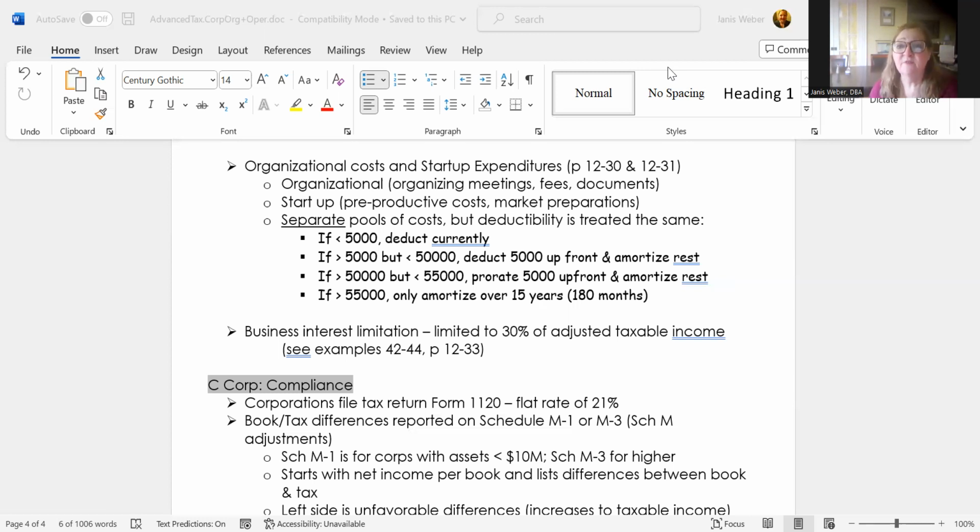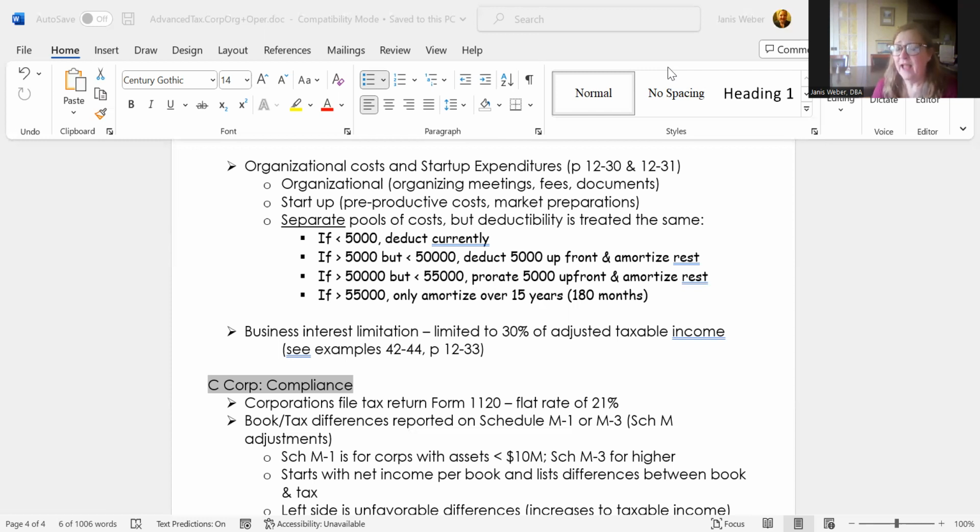If it's more than $55,000 total in either pool, then you would amortize it over a 180-month period, starting in the month that you actually had the cost. If it's somewhere between, it gets a little sticky. If your costs were between $5,000 and $50,000, you could deduct that $5,000 up front, and the rest of the cost you would amortize over the 180 months, which is 15 years.